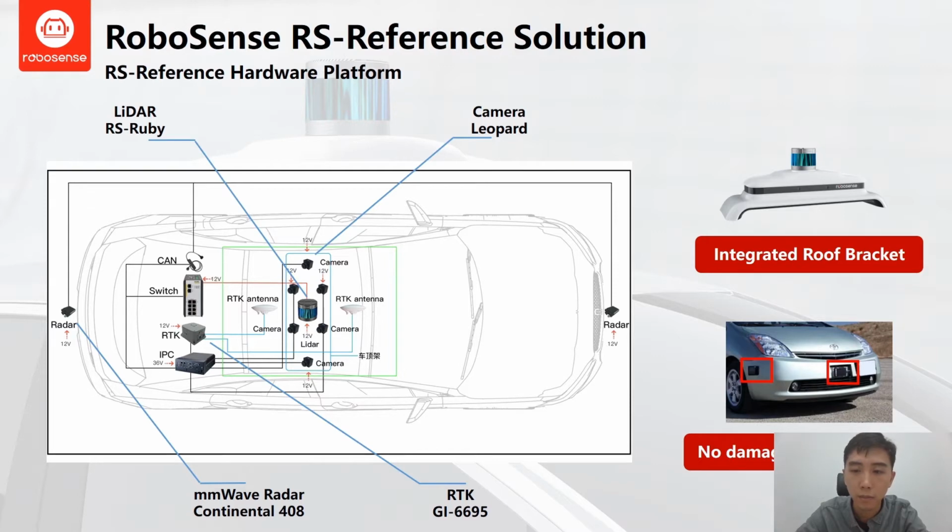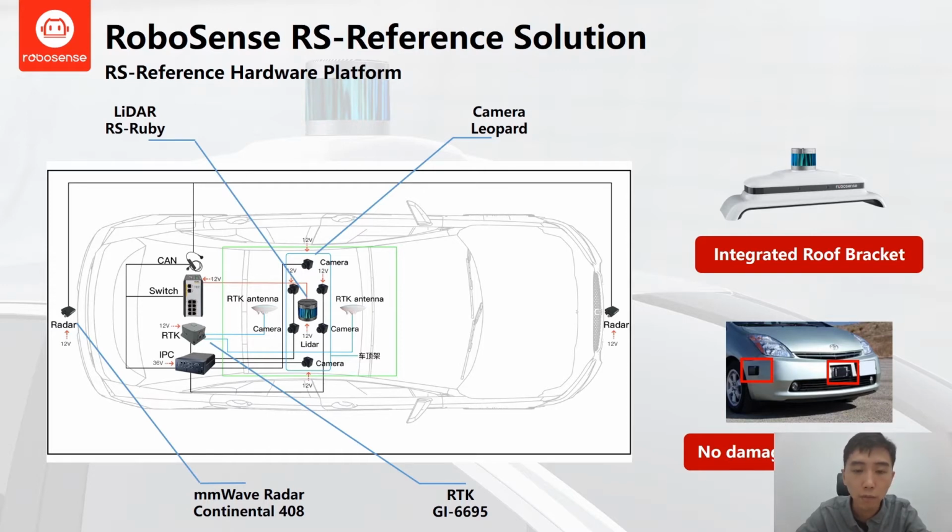I think this is basically the best LiDAR on the market. Later I will show some road test point cloud of this LiDAR. Besides the LiDAR, we also have 6 cameras and 2 radars in the system, along with a high-end RTK. Basically these are all the sensors in this system.